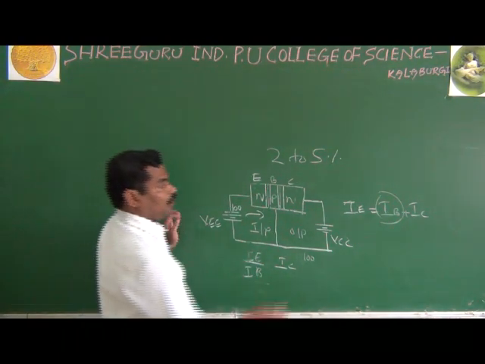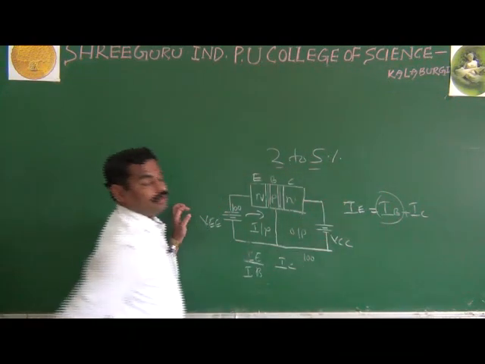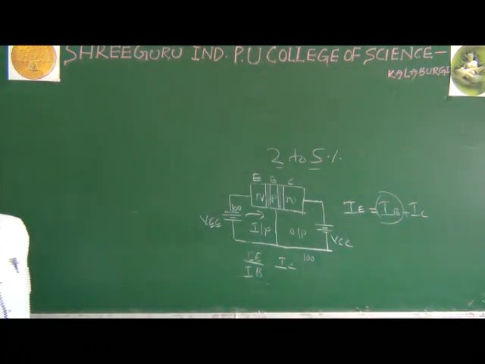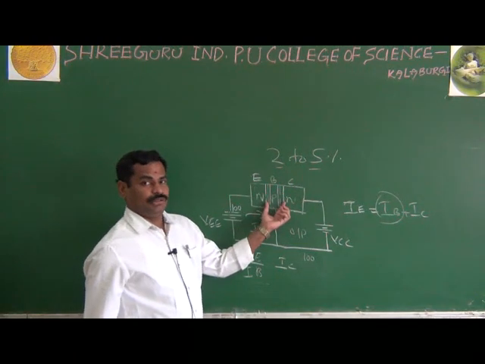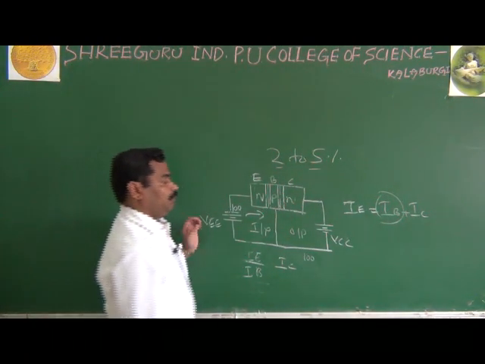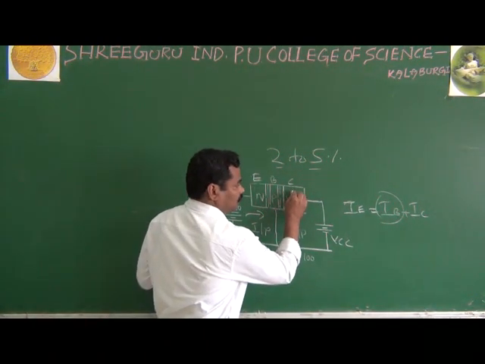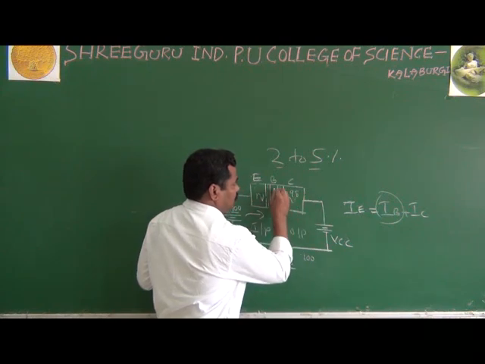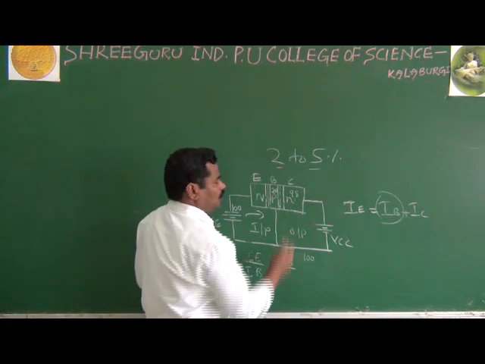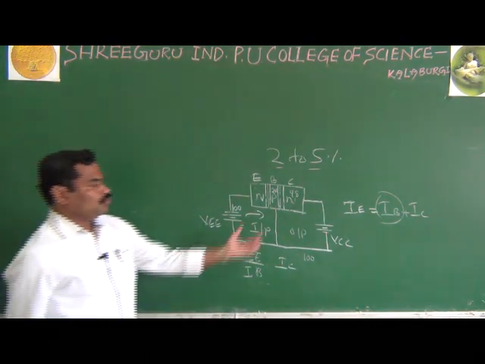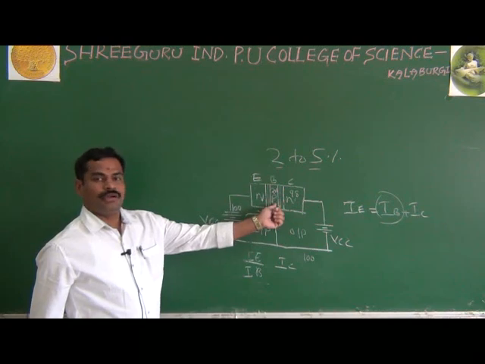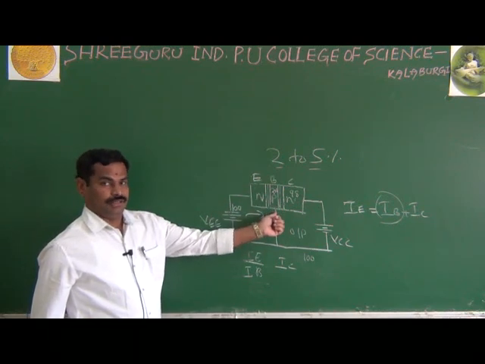As I said, only 2 to 5% of electrons will recombine, because it is so lightly doped. The remaining 98% of electrons come towards the collector. Only the 2% of current will give the base current.